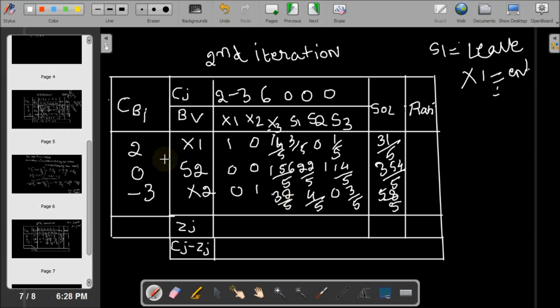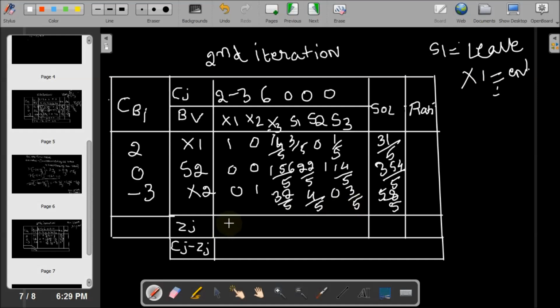Like that, 2 into 3 by 5 plus 0 into 22 by 5 minus 3 into 4 by 5. Like that, 2 into 0, 0 into 1 minus 3 into 0. 2 into 1 by 5, 0 into 14 by 5, and minus 3 into 3 by 5. Like that you have to calculate the value of Zj.